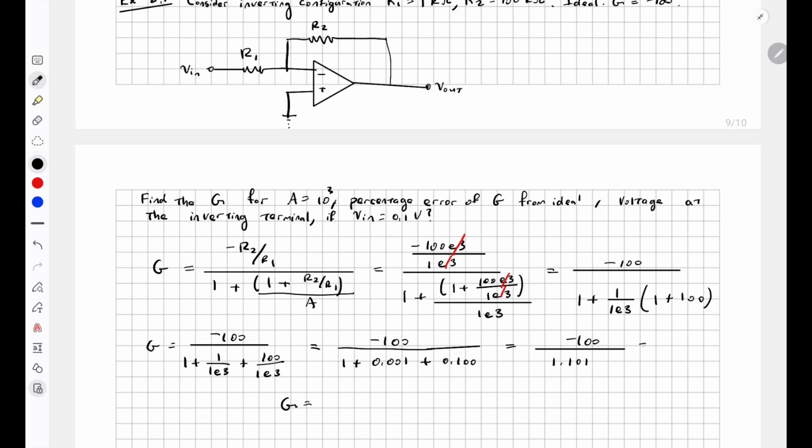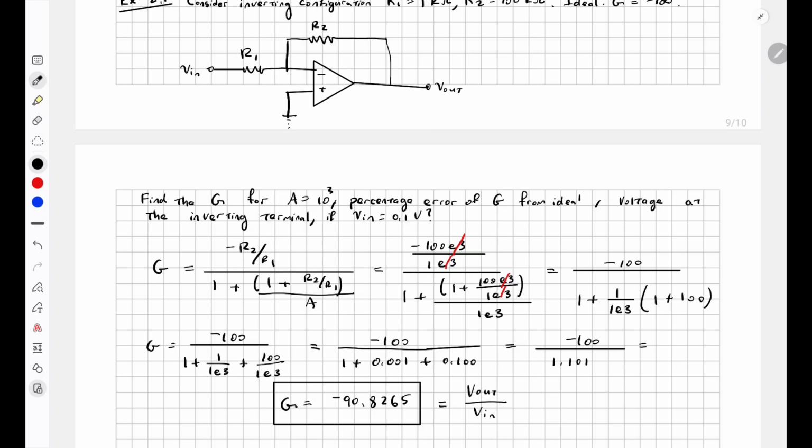Now using the calculator, we get negative 90.8265. This is the closed loop gain of the real op-amp. Just recall that this is V out divided by V in.